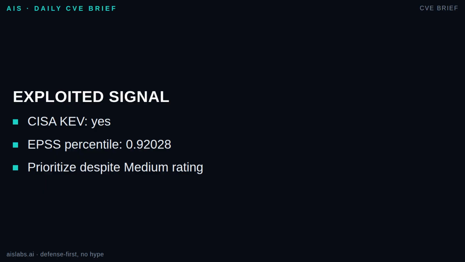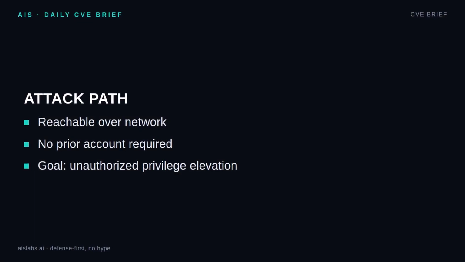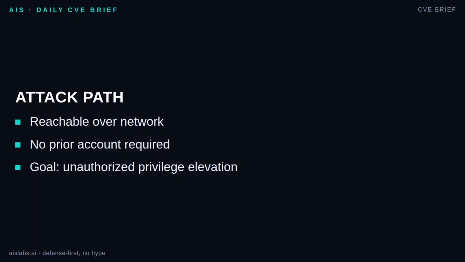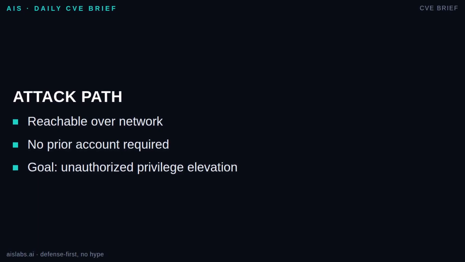You are not asking, is a 5.3 worth our time? You are asking, do we have SharePoint exposure to a known exploited, missing authentication flaw, and how quickly can we close it? Conceptually, the attack path is straightforward, but we will keep this defensive and non-operational.